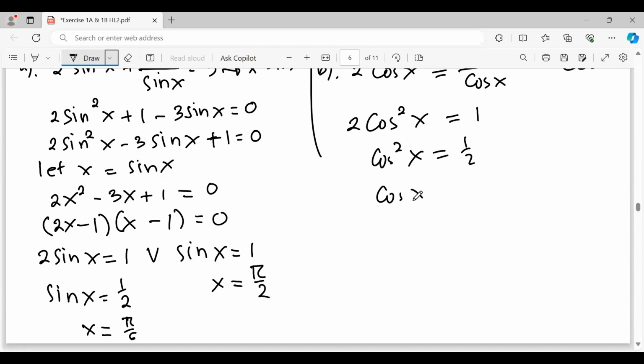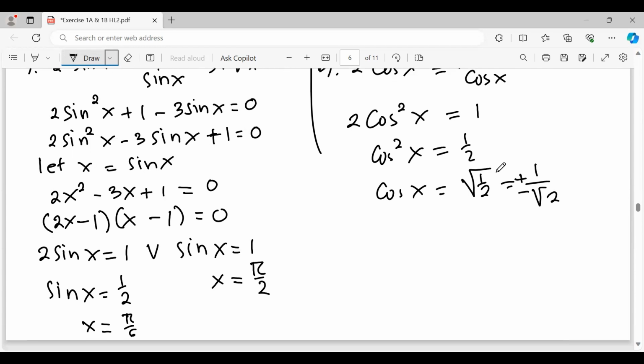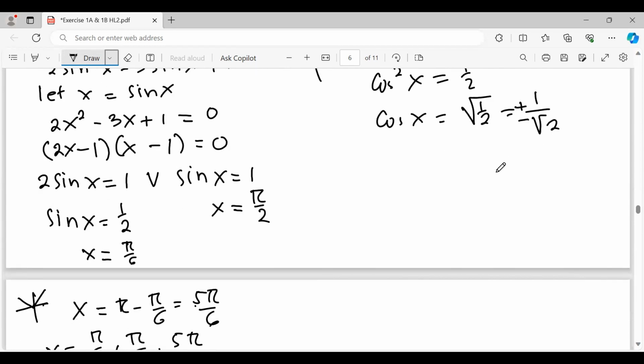So cosine x equals square root of half, or 1 over root 2, but plus and minus. So there are two values: plus 1 over root 2 and minus 1 over root 2. Now we are going to determine x.